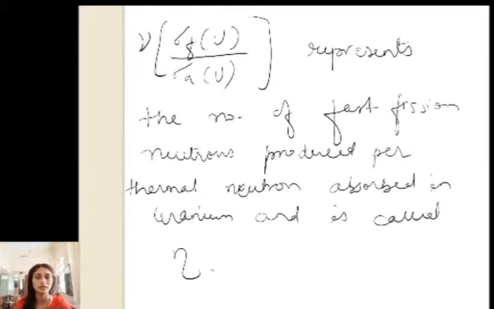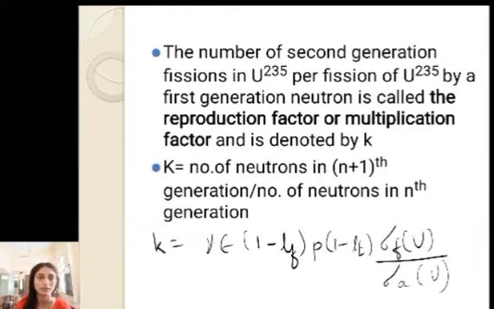So K I can write as the number of neutrons in the (n plus 1)th generation upon the number of neutrons in the nth generation. So K will be nu epsilon (1 minus LF) P (1 minus LT) sigma F of u upon sigma A of u.